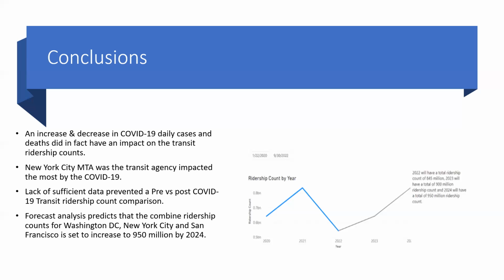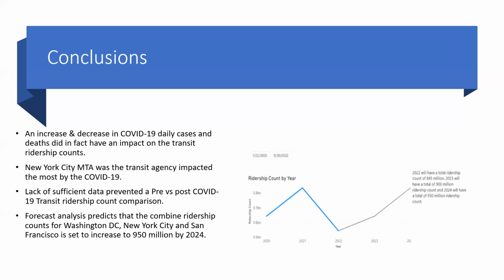So there was no data pre-2020, and any data pre-2020 would have been the data that I could have used to analyze a transit system ridership count before the pandemic. So that was one of the limitations I had for this project, was just limited data.